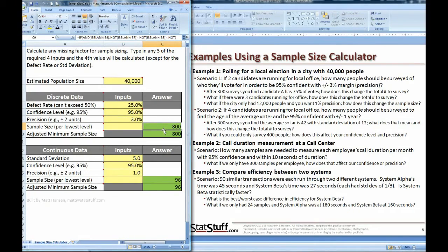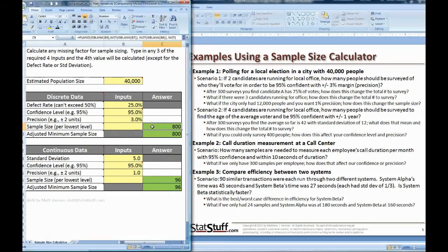So now I've reduced my survey significantly. Instead of needing 1,067, I've gone down to 800. This could be a huge savings of time because I'm still achieving the same level of confidence and the same precision, but now that I have more information telling me my defect rate is lower, I can collect fewer samples in order to achieve the same level of precision and confidence.